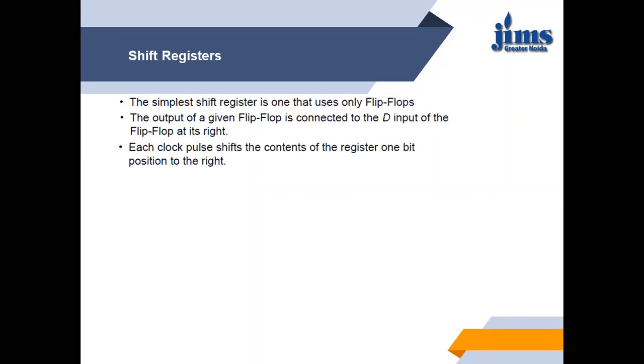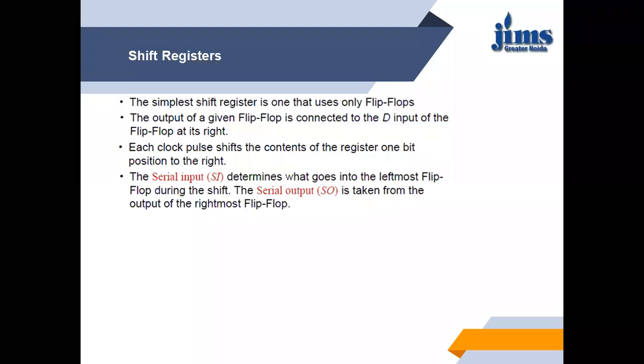Each clock pulse shifts the content of the shift register one bit position to the right, as we have seen in the connections in the previous slide. The serial input SI determines what goes into the leftmost flip-flop during the shift. The serial out SO is taken from the output of the rightmost flip-flop.